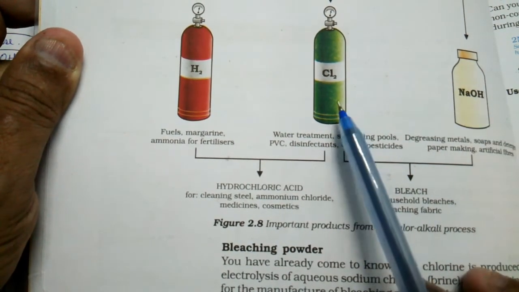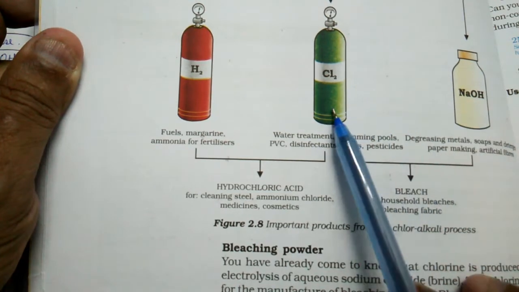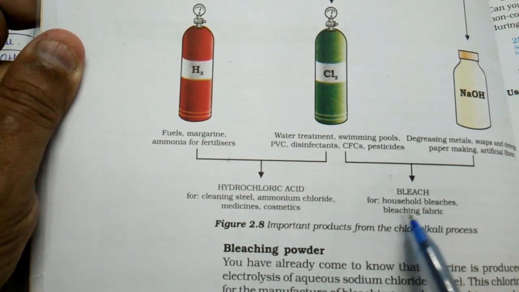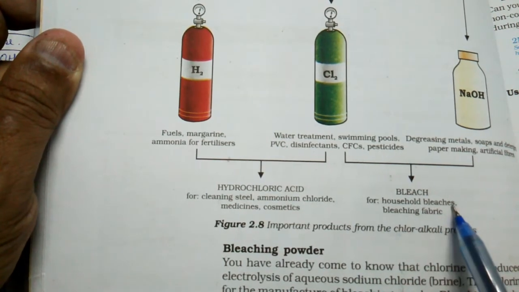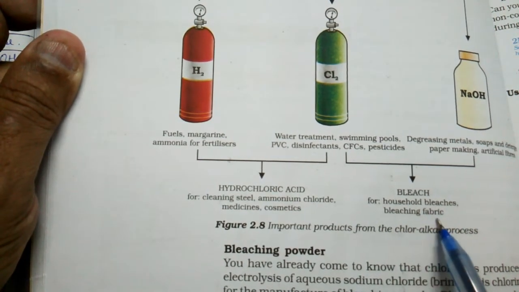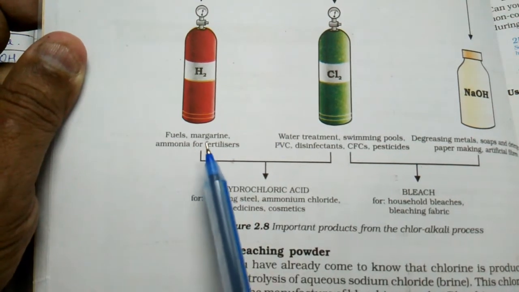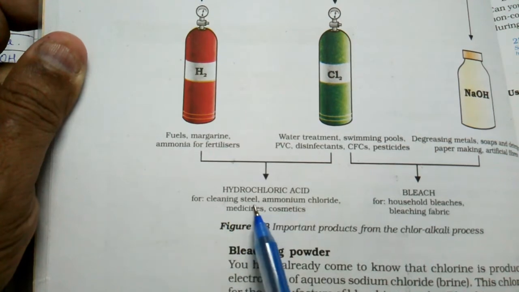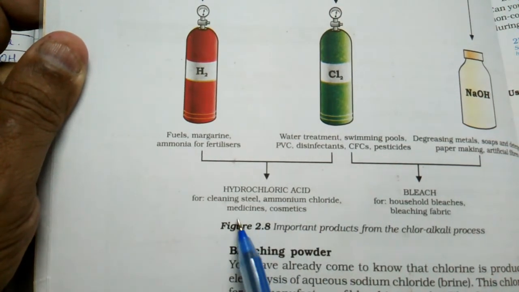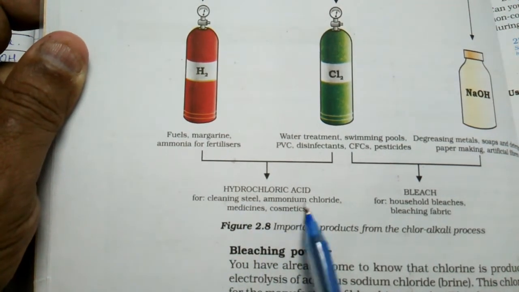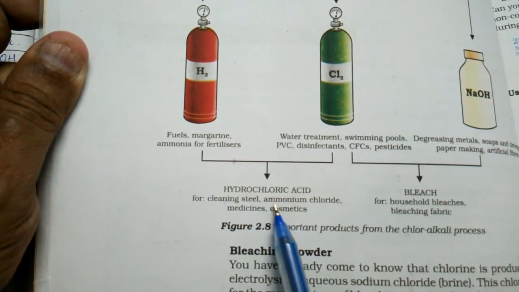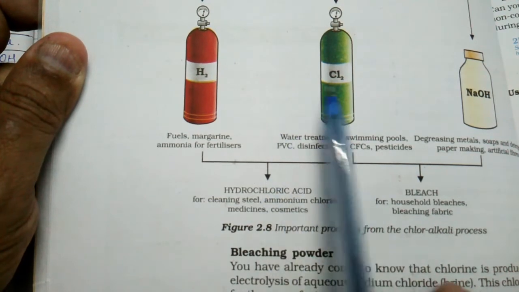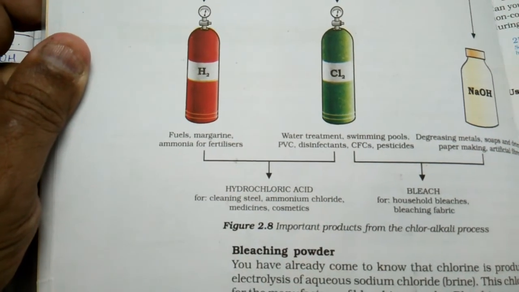From NaOH and Cl2 we obtain bleach, bleaching powder, household bleaches and bleaching fabric. From hydrogen and chlorine, hydrochloric acid for cleaning steel, ammonium chloride, medicine, cosmetics.